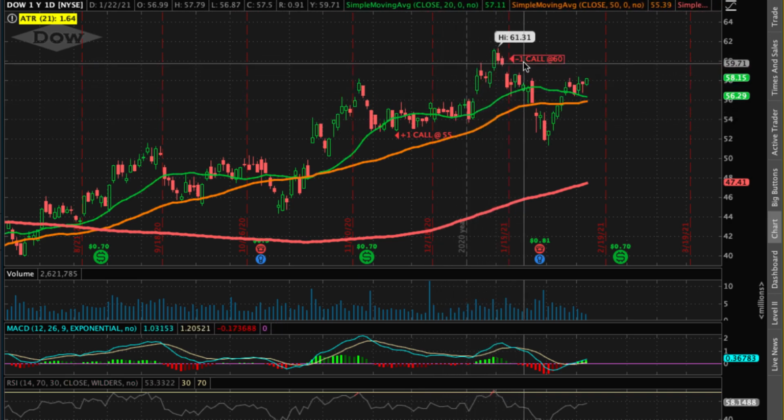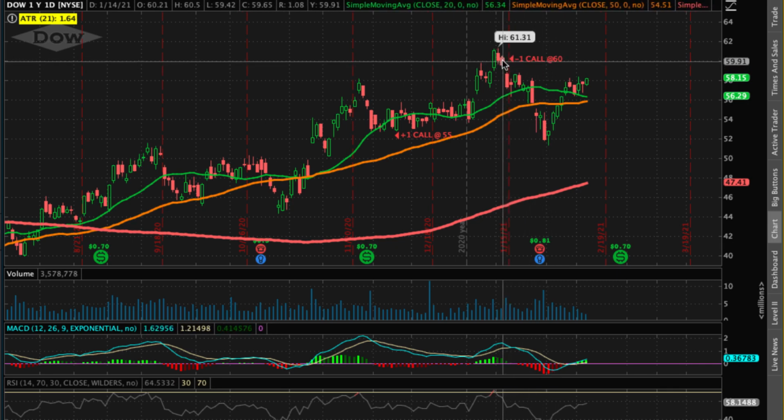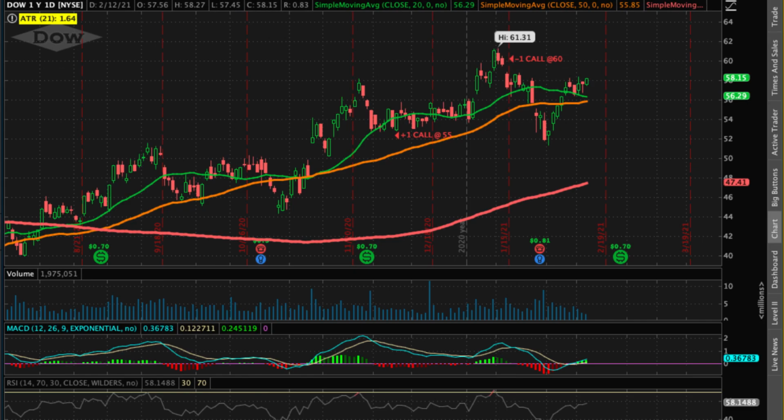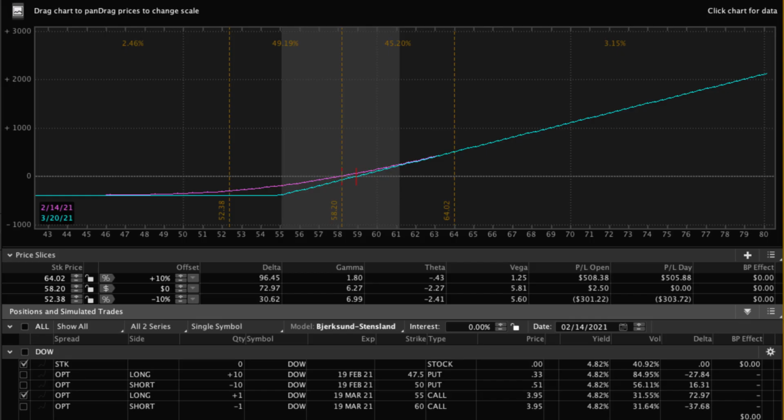The position of one call at 60 got filled somewhere around here, this area. That was around the 14th of January, just filled there, and this led me to have this position which is risk-free now. And you can see in the Analyze tab, I started initially with $395 risk, then the position went up to reach the level of $60 here.